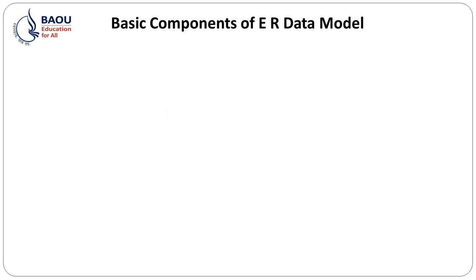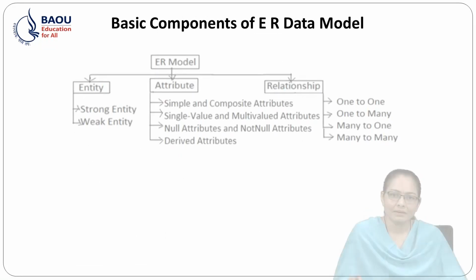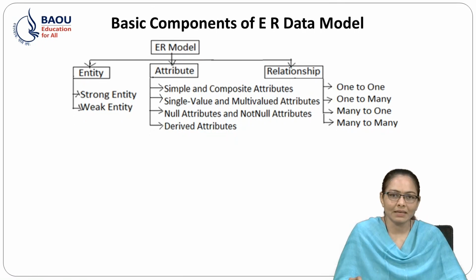Now, basic components of the ER data model. Here we can see in the figure, it shows the ER model which has three main parts, that is entity, attributes and relationship. Entity has two main parts, strong entity and weak entity.